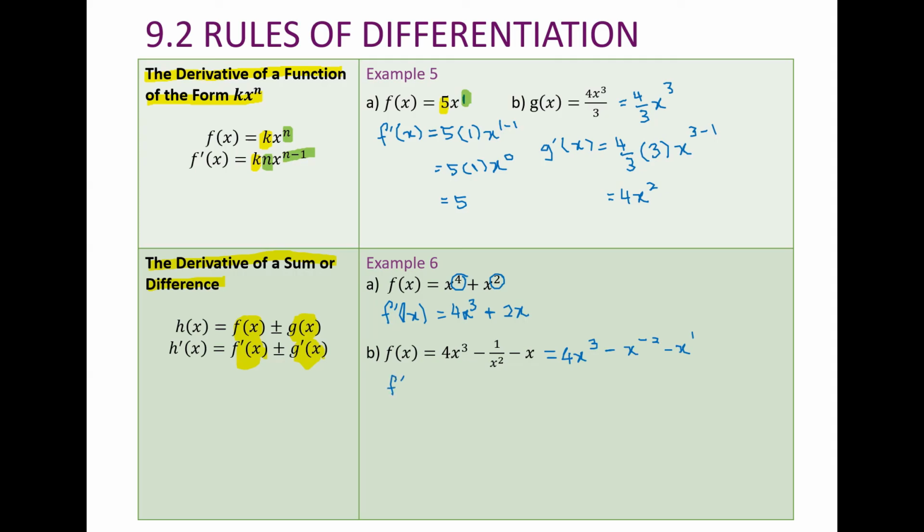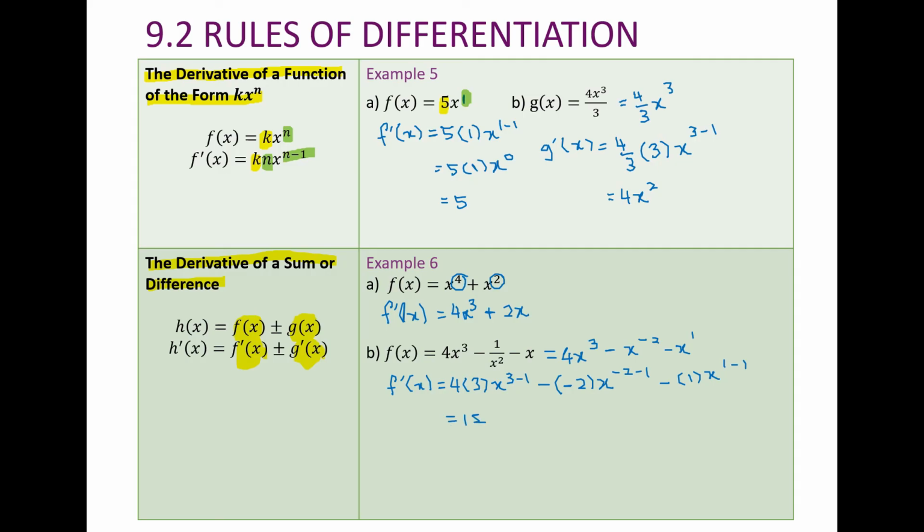So when you want to find f'(x), this will give you 4 times 3 x to the power of 3 minus 1 minus, now bring the power negative 2 to the front. So negative 2 times x to the power of negative 2 minus 1 minus 1. So this is the power x to the power of 1 minus 1.